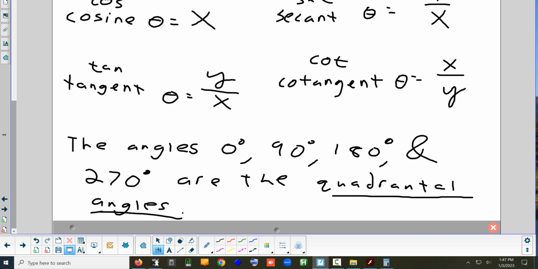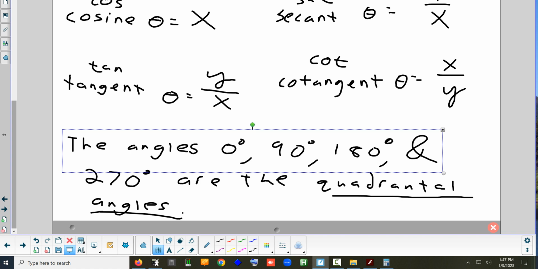Okay, so just to be clear about that, 0, 90, 180, and 270 are not in quadrants. They're on the axis. And for today, these are the only ones that I would ask you to figure out the coordinate for. Tomorrow, we're going to study more about how you do 30 and 60 and 45.